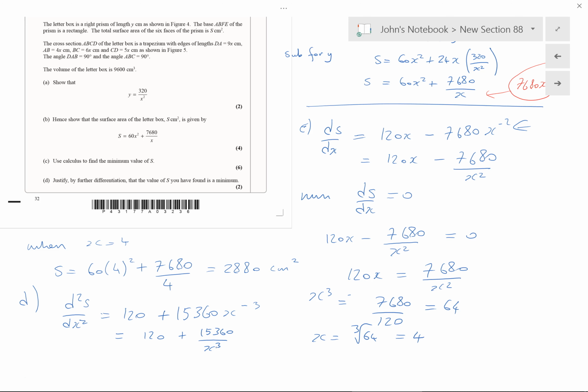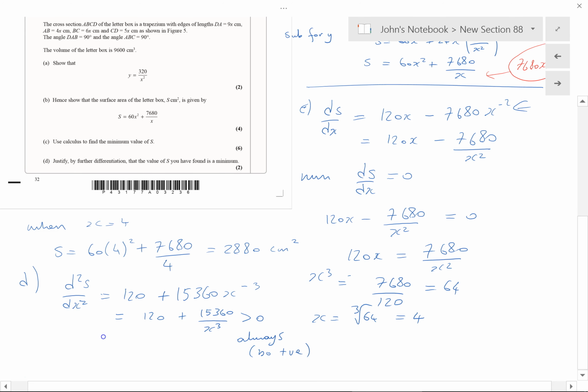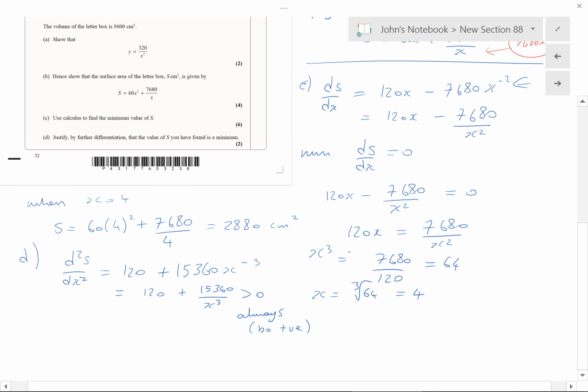You can just say that this is greater or equal to 0 always, because they're both positive, without substituting our value of 4 in. You can if you want, but you don't have to. You do need to say it's greater than 0, therefore it's a minimum.